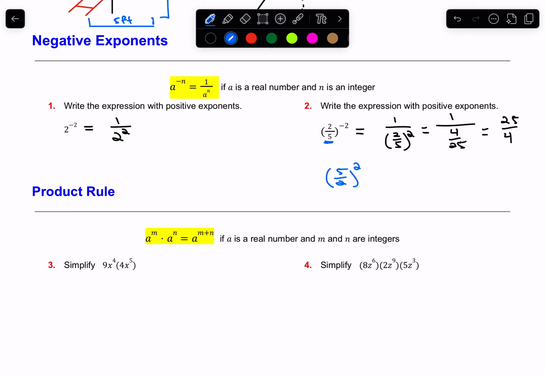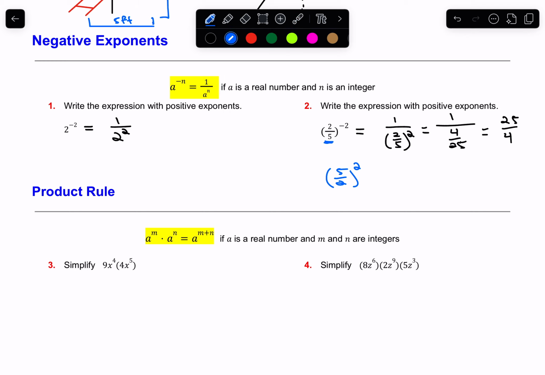A positive 2 right there. And so one way to use this rule is to flip what's inside the parentheses and then make the exponent positive. So I flip the 2 over 5 to be 5 over 2 and turn the negative 2 to be positive 2. Or you could think of it as take the 2/5 and put it in the denominator and then make the exponent positive.